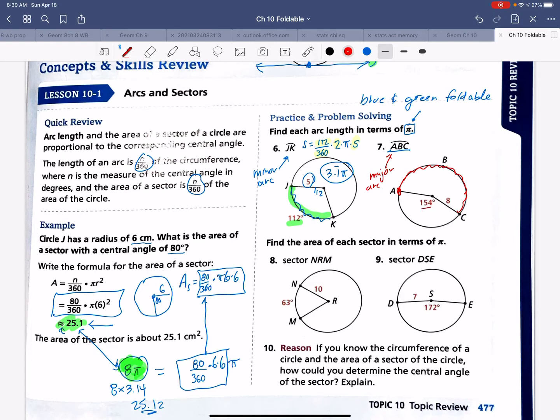So this angle does actually not correspond with the arc we want, but we know that all the way around is 360. So we'll take 360, take away 154, and we get 206. So my central angle 206 is the arc length I'm looking for. I'm looking for the arc length that goes with the central angle 206.